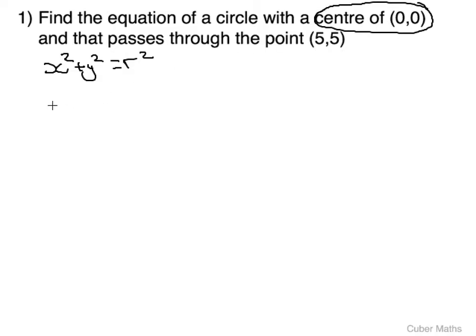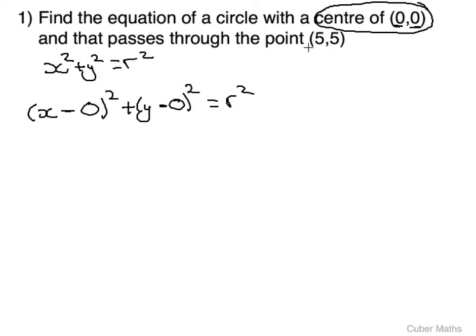So how we do that is if we take the x values first, we're going to end up with x, take away the value of our centre, which in this case is 0, squared, plus y, take away the value of y at our centre, which is 0, squared is equal to r squared.